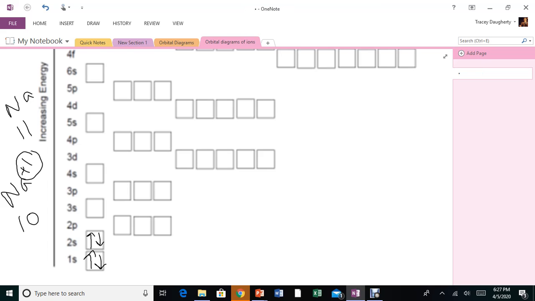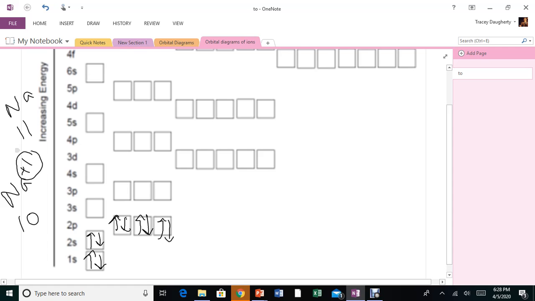That's 4. 5 comes in as an up arrow in the first box of the 2p. 6 comes in the second box of the 2p. 7 comes in the third box of the 2p. 8, then you get to pair, so 8 comes in as a down arrow in the first box. 9 comes in as a down arrow in the second box, and then you have another down arrow in the third box, making up 10 electrons.